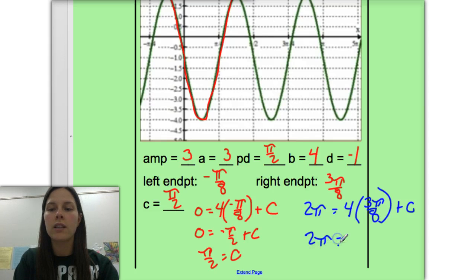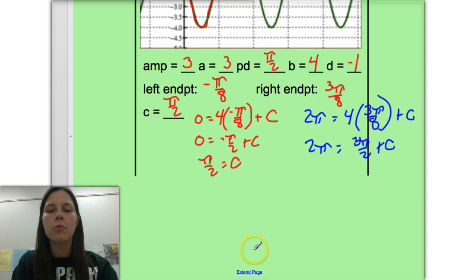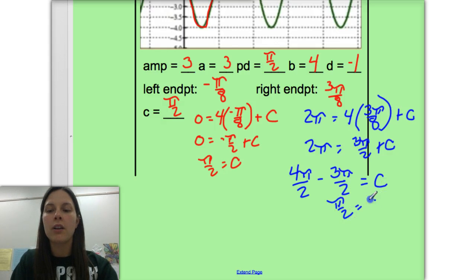Simplifying that 4 times 3 pi over 8, I get 3 pi over 2 plus c. And subtracting 3 pi over 2 from both sides, I'm going to turn my 2 pi into a common denominator with my 3 pi over 2. So 2 pi becomes 4 pi over 2 minus the 3 pi over 2, and I get pi over 2 for my c value again. So it checks out.